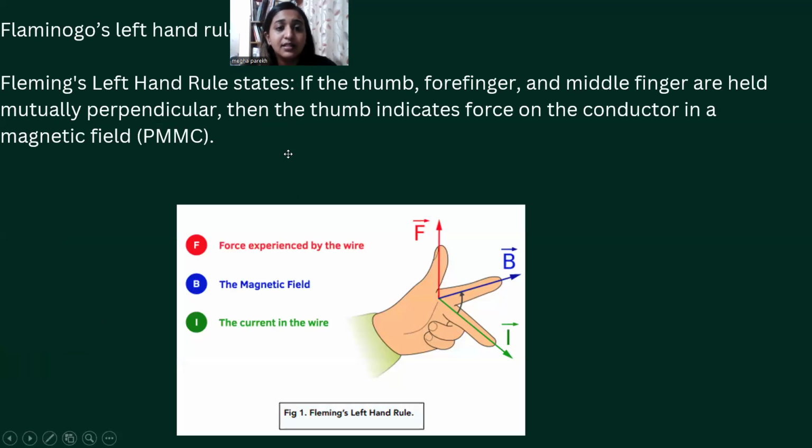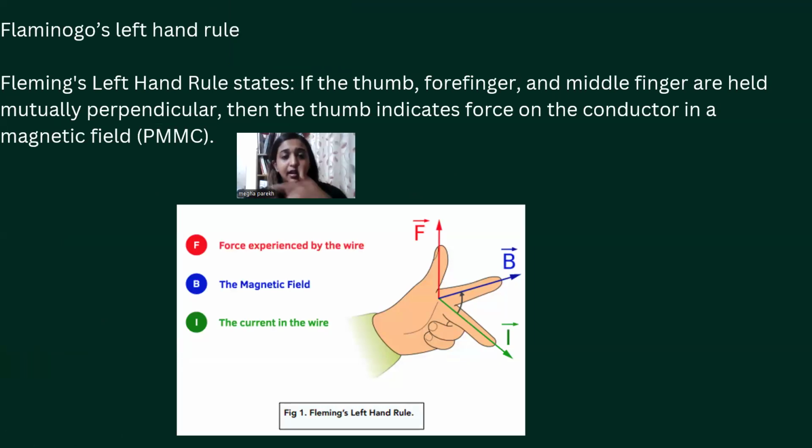Now let's understand Fleming's left hand rule. It's very simple: if the thumb, forefinger and middle finger are held mutually perpendicular, then the thumb indicates the force on the conductor in the magnetic field, like here in the context of the PMMC instrument.